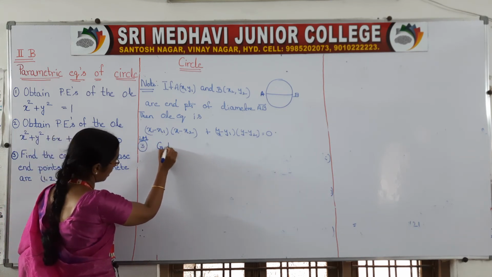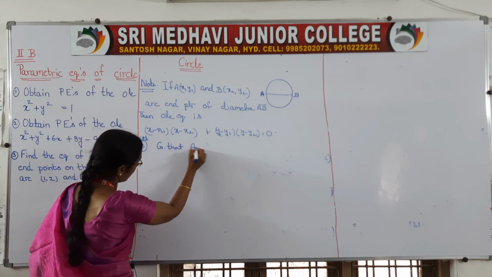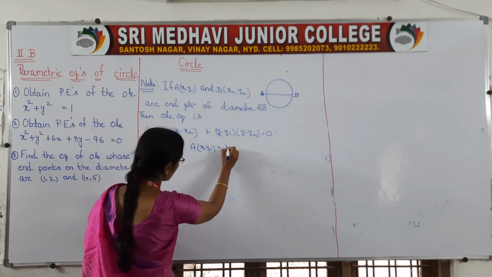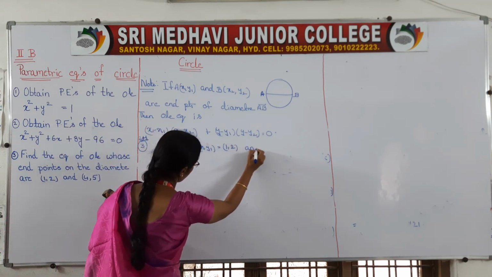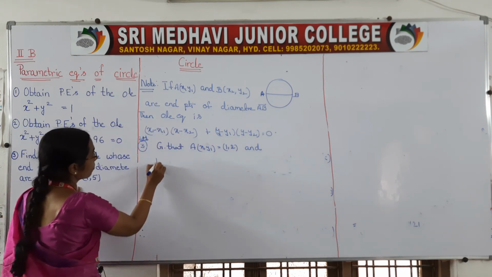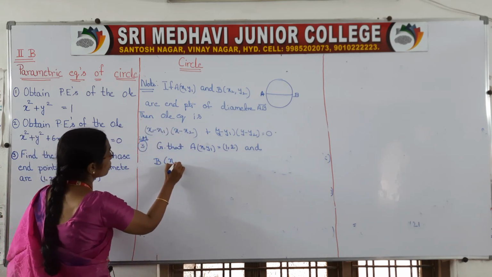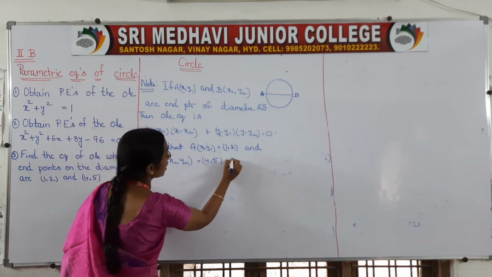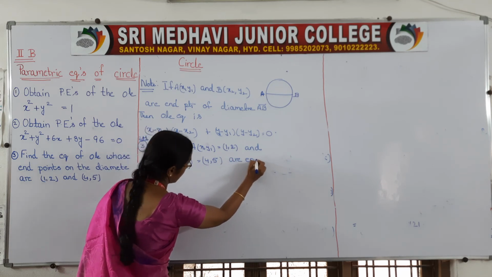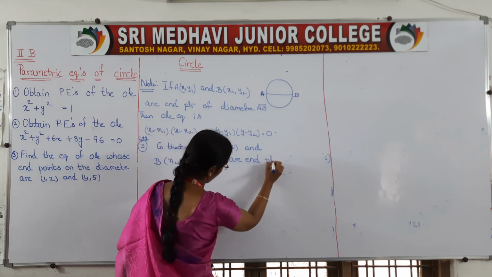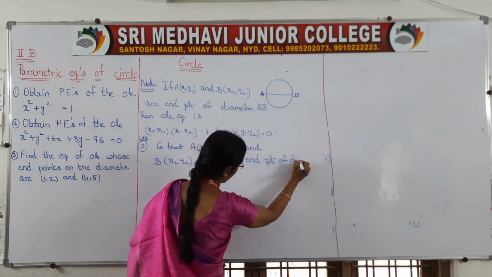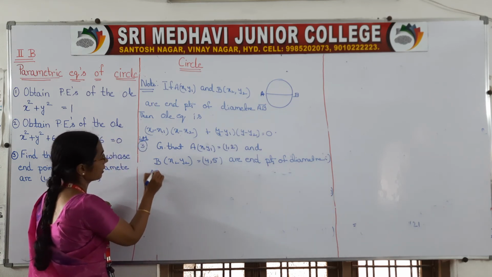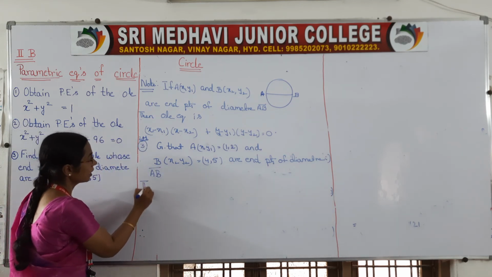Given that A (x1, y1) is (1, 2), and B (x2, y2) is (4, 5), are the end points of the diameter AB.